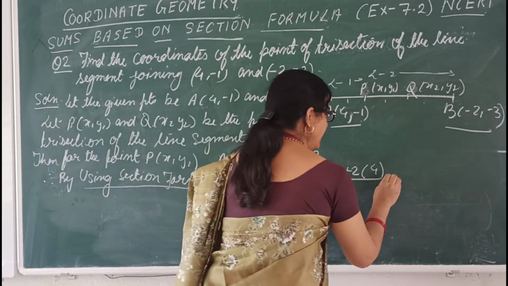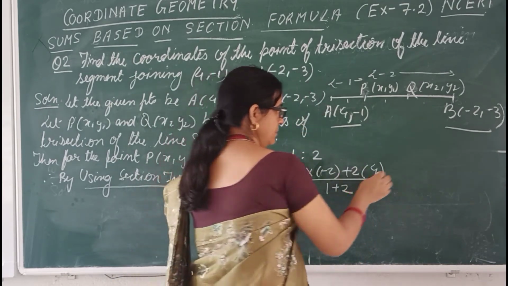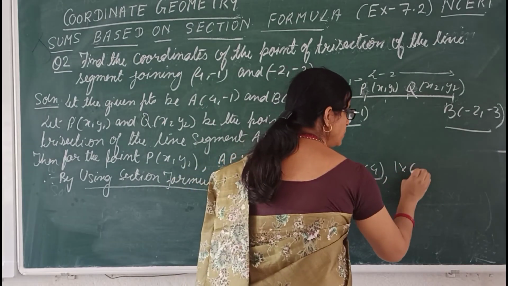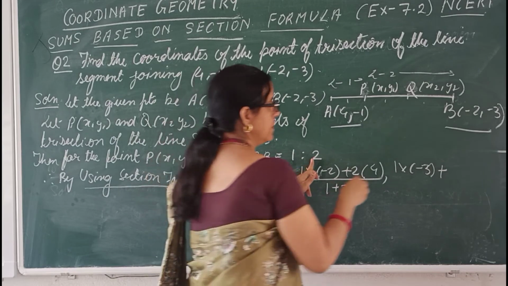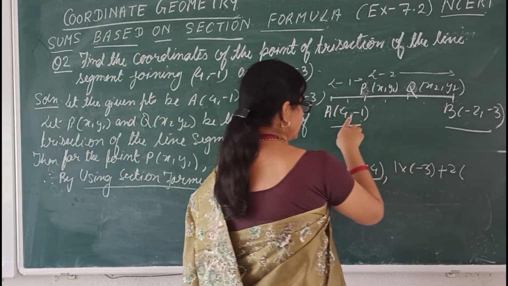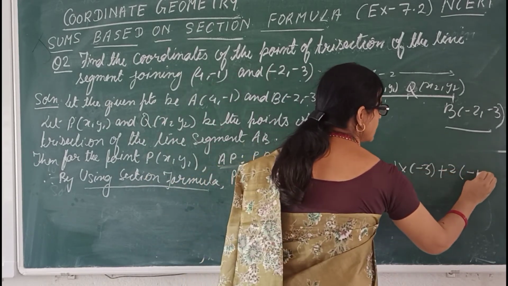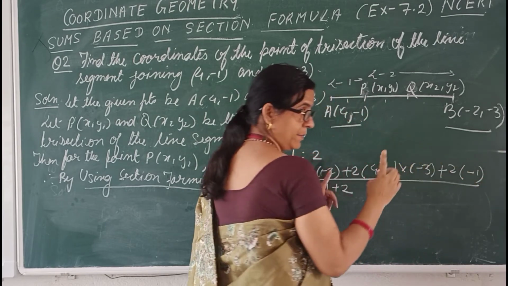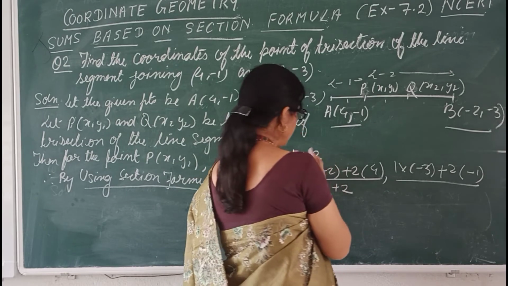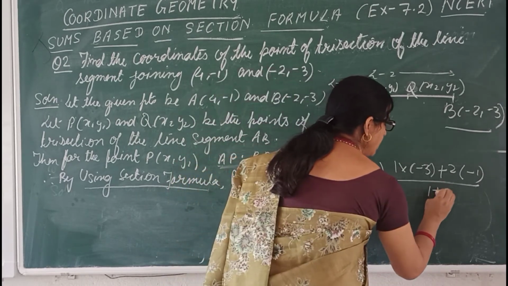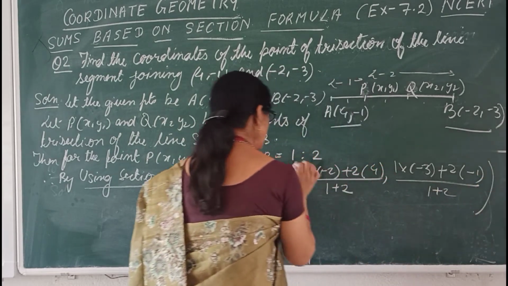Okay. Similarly for y, my2 plus ny1, y1 is minus 1, by m plus n, and m is 1 and n is 2. So again 1 plus 2.